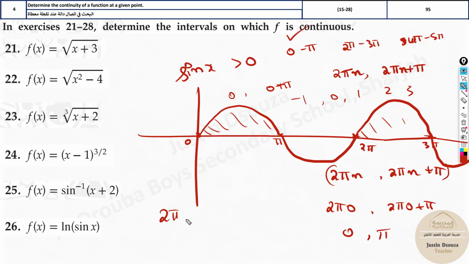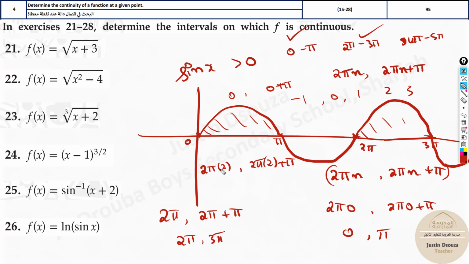Now what if I put over here 1? Then I'm going to get 2 pi, comma 2 pi plus pi. That is 3 pi, isn't it? 2 pi, comma 3 pi. Yes, that's correct. From 2 pi to 3 pi, it's defined. Now what about if I put 2 over here? Then I will get 2 pi times 2, comma 2 pi times 2 plus pi.